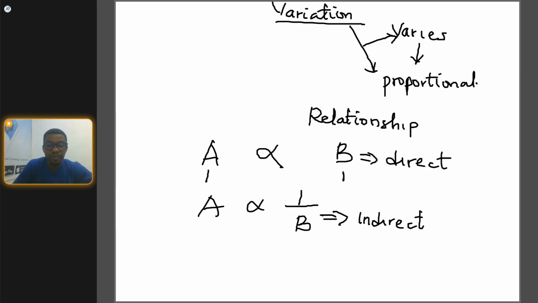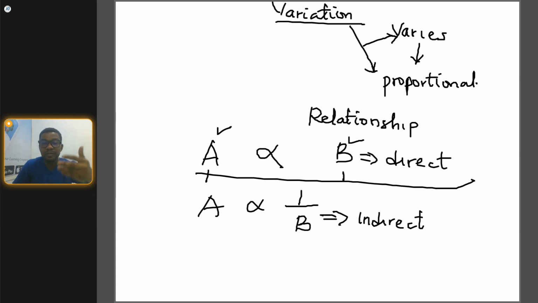Which implies that in a direct relationship, when the value of A increases, the value of B also will be increasing. When the value of A is decreasing, the value of B also will be decreasing, because it is a direct relationship between quantity A and quantity B. But in the case of indirect variation, or indirect proportion, when quantity A is increasing, quantity B will be decreasing.